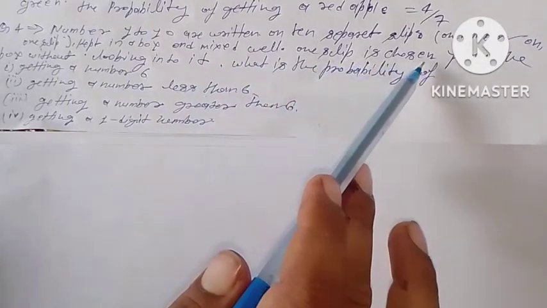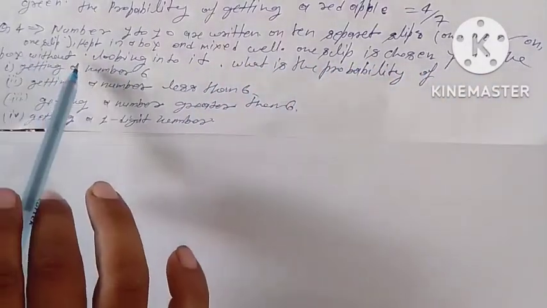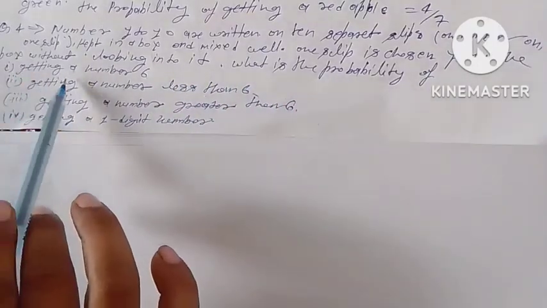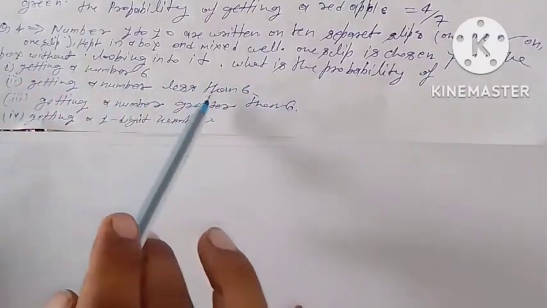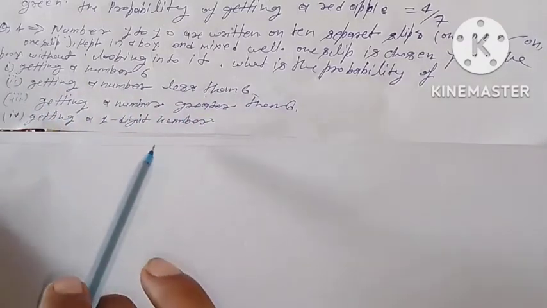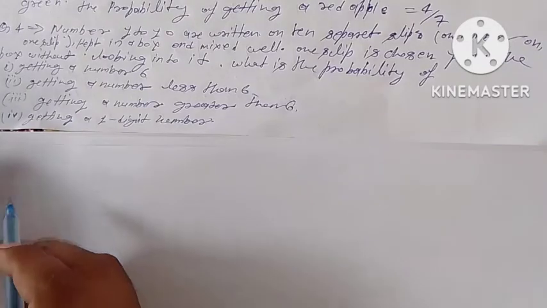One slip is chosen from the box without looking into it. What is the probability of getting a number 6, getting a number less than 6, getting a number greater than 6, and getting a 1 digit number? Okay. Solution.